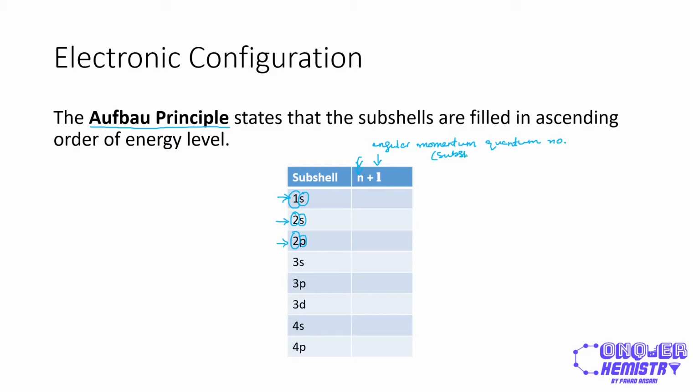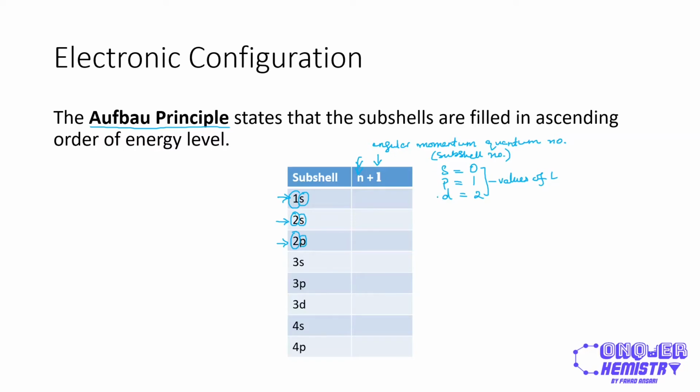So n is shell number and L is subshell number. For the s subshell, we have the number 0, for p we have the number 1, and for d we have the number 2. So these are the values of L.